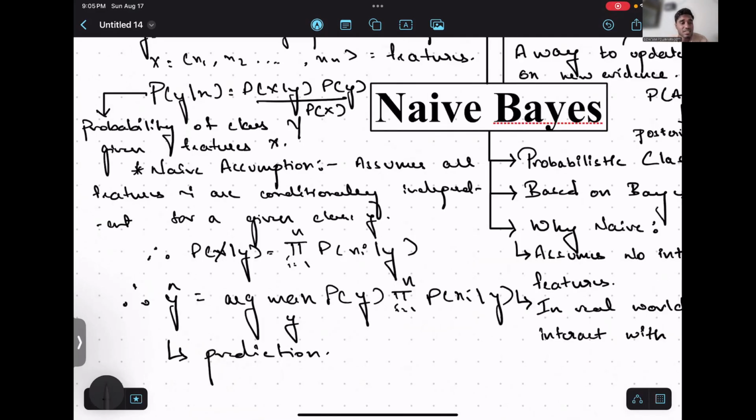Now, generalizing this, we can say that y hat, or y predicted, is equal to the class label y that gives the maximum of P(y) times the probability of x given y, where x is the set of all features, which can be written as the product of all P(xi given y), from i equals 1 to n.